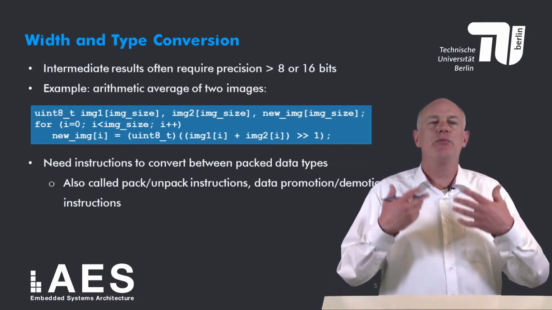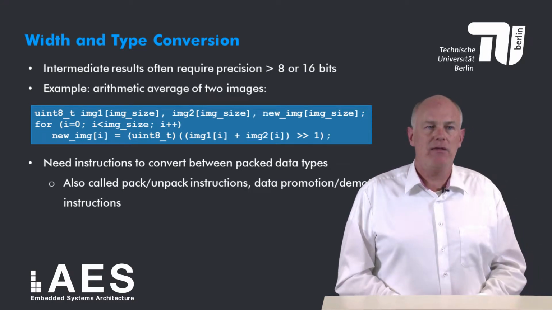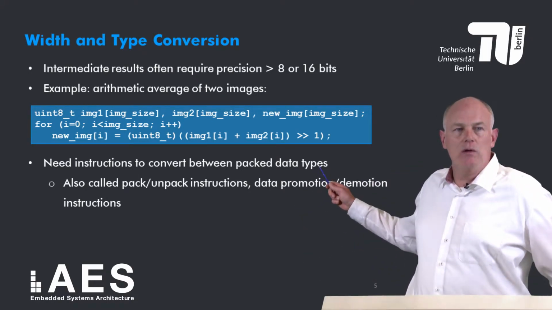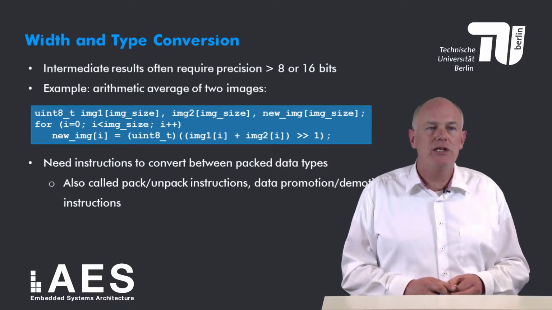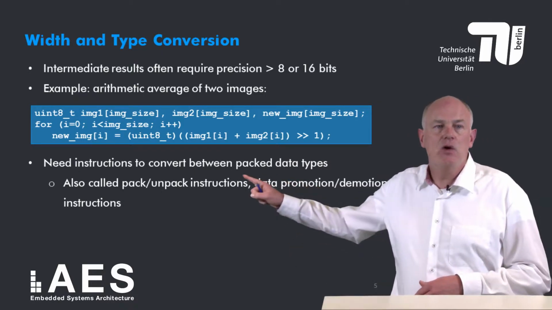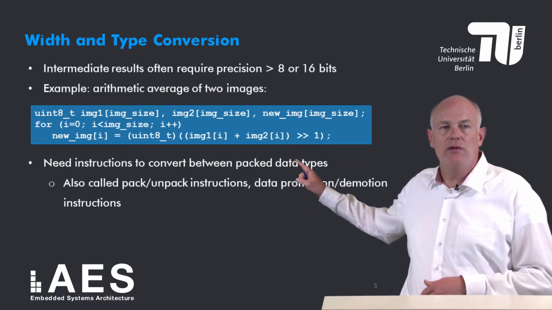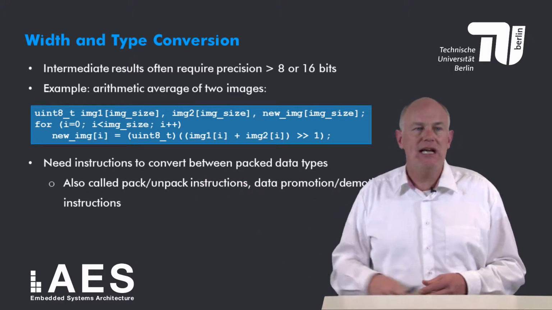So it requires a precision larger than 8 bits or larger than 16 bits. Let's consider, for example, this simple kernel, which computes the arithmetic average of two images. It adds corresponding elements of the two images and then shifts the result right by 1, and this is stored in the new image as indicated here.